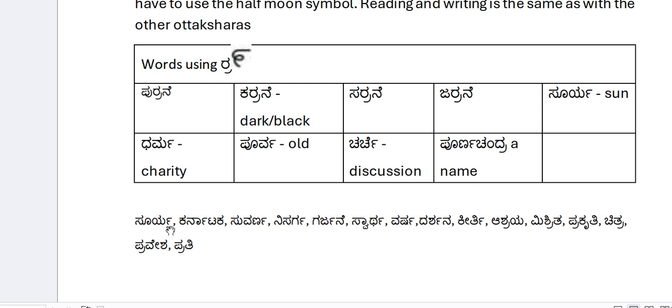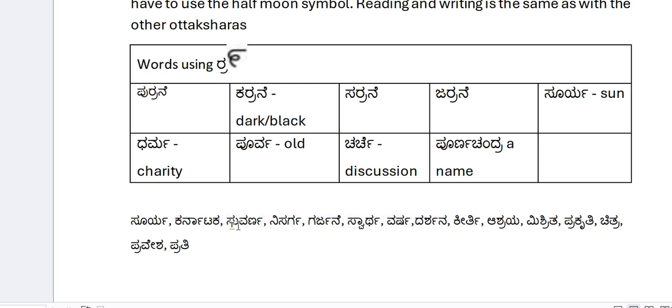We will see a few more words here. This is again Arka Ottu, so always read the Ra sound first before the Ya. Surya. Then Ka, R, Na, Ta, Ka, Karnataka. Then this is Suvarna: Su, Ba, R, Na, Suvarna. Ni, Sa, R, Ga, Nisarga.